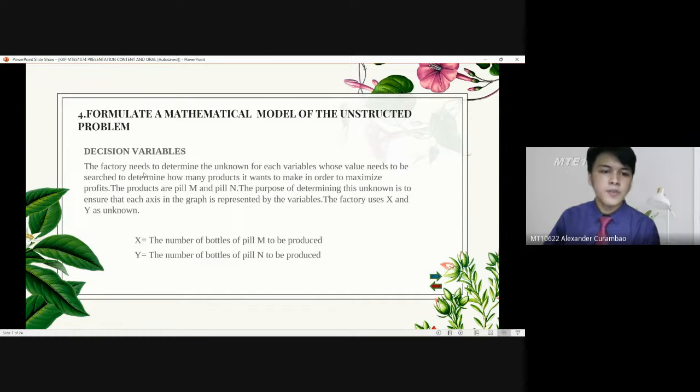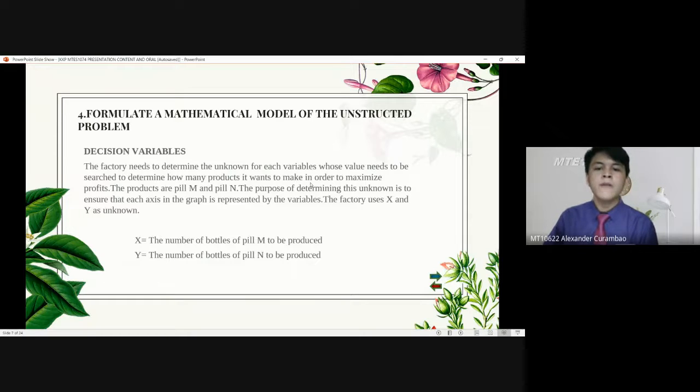Okay, the first purpose is to determine how many products it wants to make in order to maximize profits. So this means the factory wants to find the number of pill M and pill N that can be produced, so that the factory can maximize their profits.